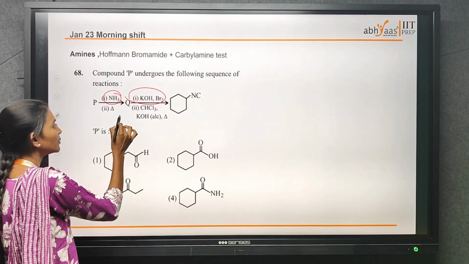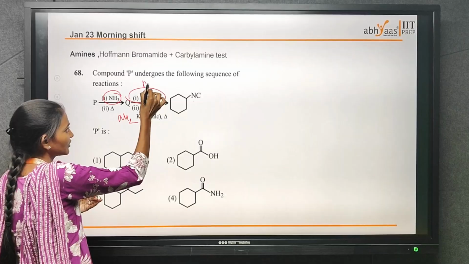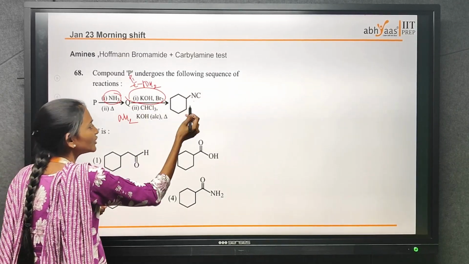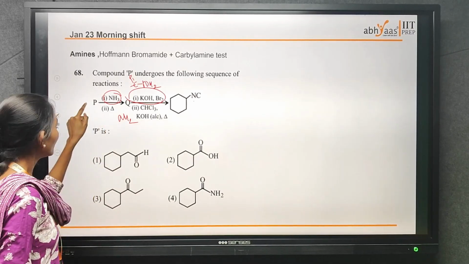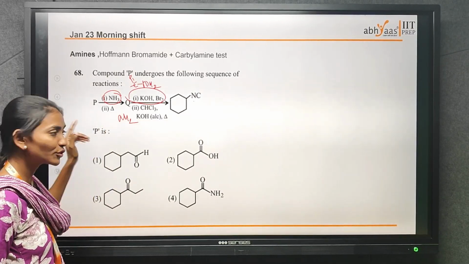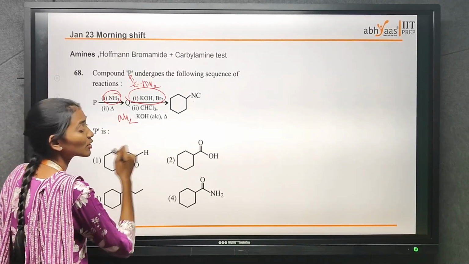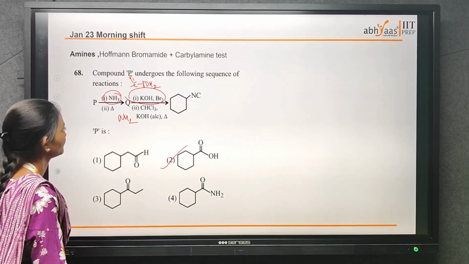Means your Q compound will be NH2, right? And here after amide to amine, with C double bond O, then you are converting into an isocyanide compound, right? So if an amine compound is being formed, what can convert into an amine compound? Among the options you can think that carboxylic acid can happen. So the answer will be 2.